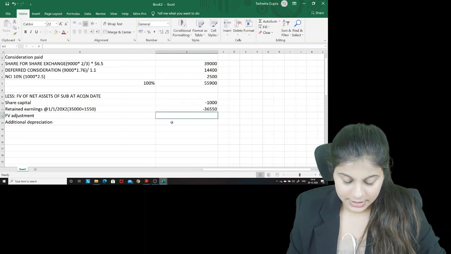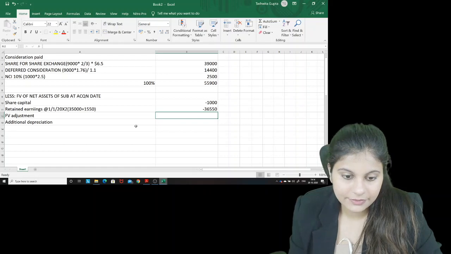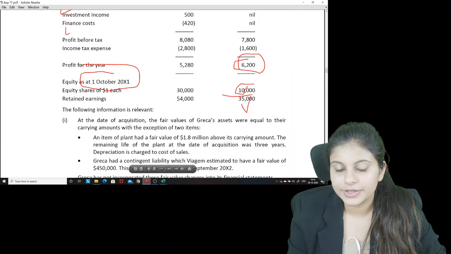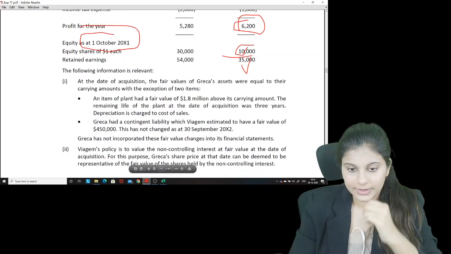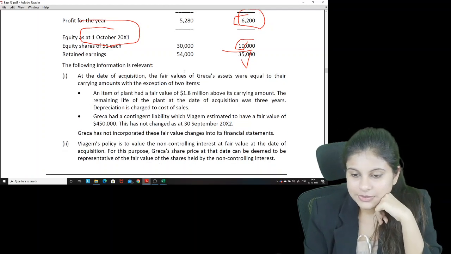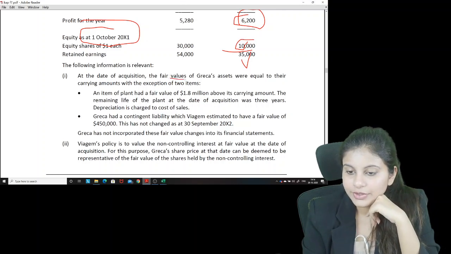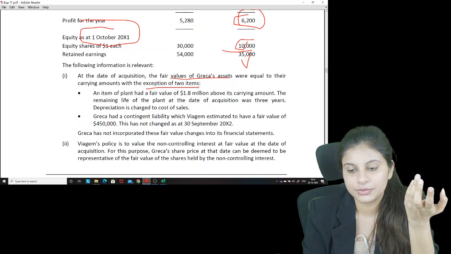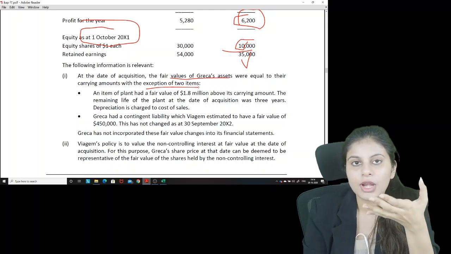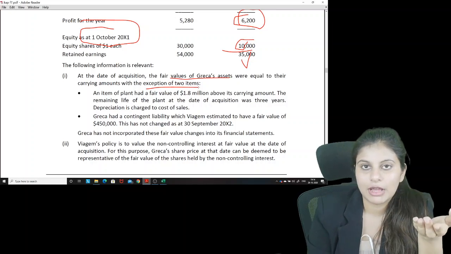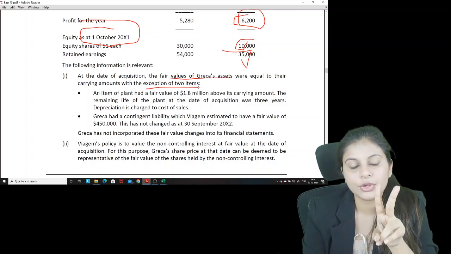Right. Then what we have is the fair value adjustment or something. So let us look for that. Let's read the question. So it says that at the date of acquisition, the fair value of Gressa's assets were equal to the carrying amounts with the exception of 2 items. So for the subsidiary, all the assets value was equal to its carrying amount, except for 2 things.